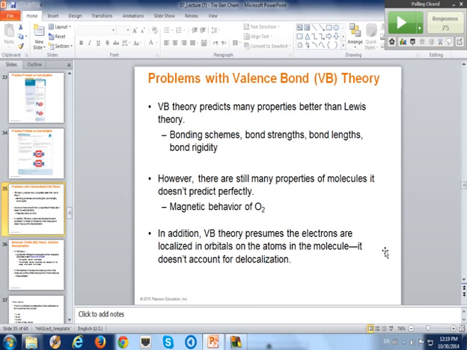And so the quantum mechanics in the valence bond theory is included by using atomic orbitals of the atom in the molecule.